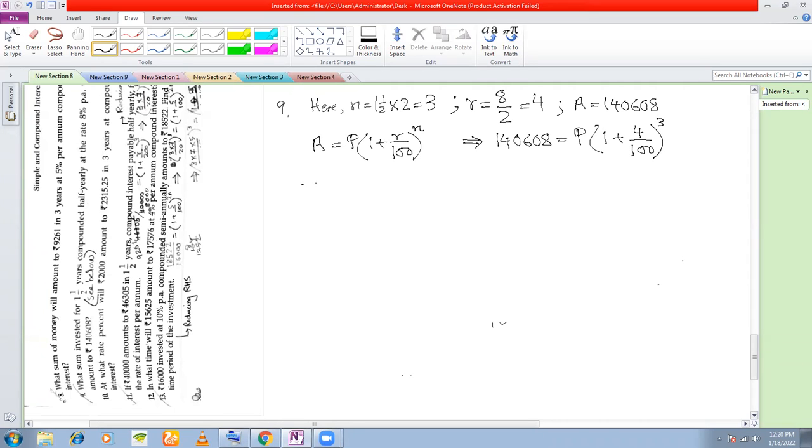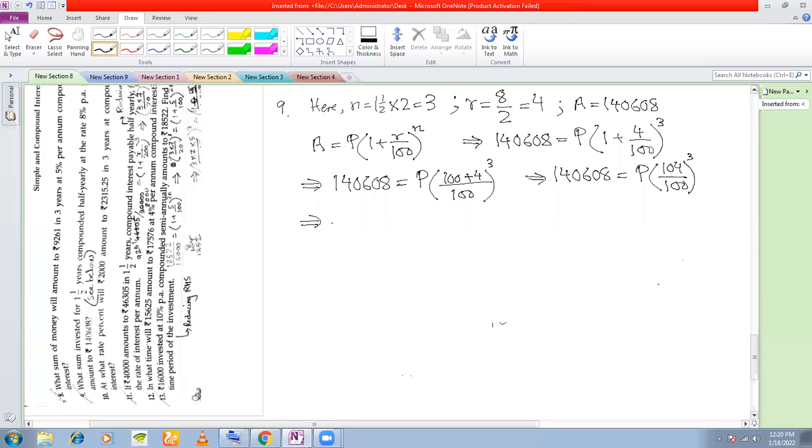So 140,608 is equal to, you can take the LCM within the bracket to get 100, the 100 plus 4 whole cube. So you get 140,608 is equal to P into 104 by 100 cube.